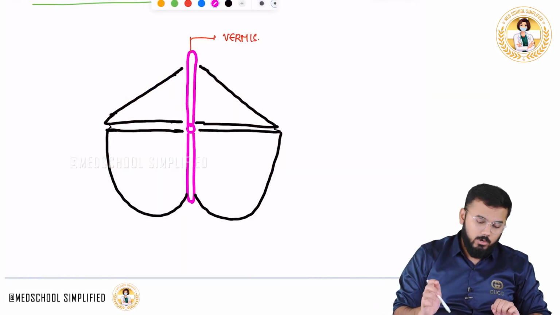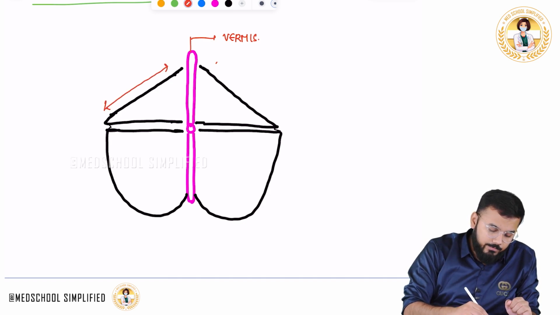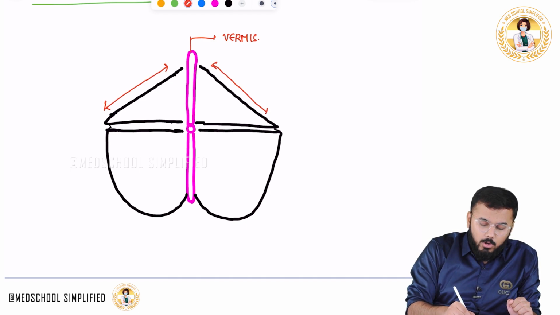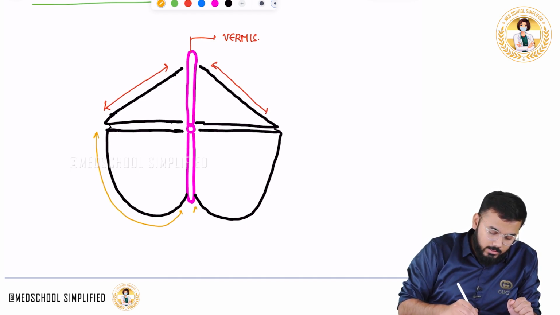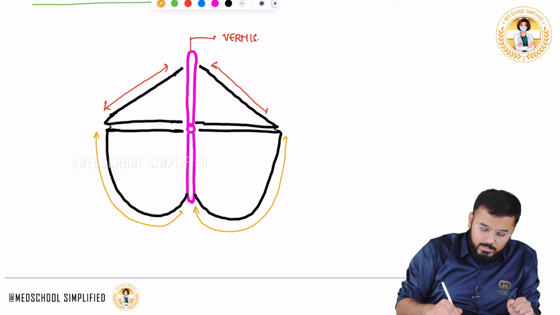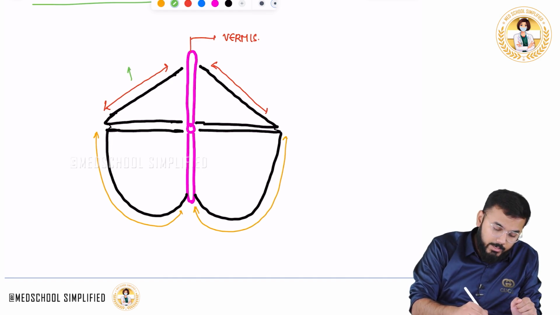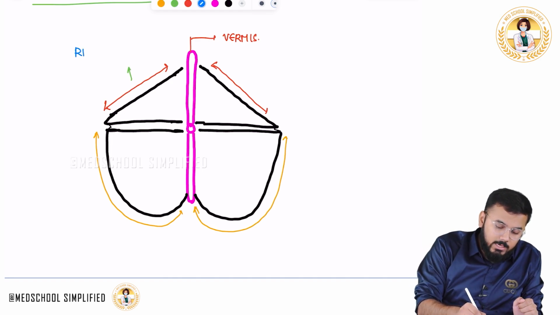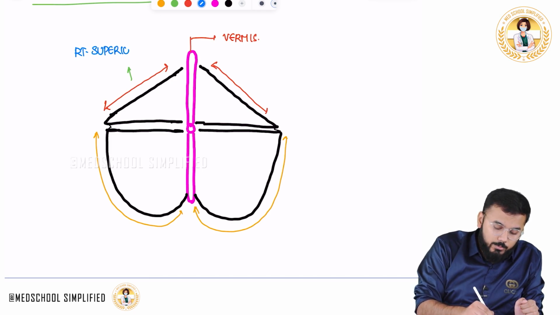This is a posterior border. That is the reason why you can see these two borders as the superior surface. Next, this entire border as the inferior surface. If this is the superior surface, I have to write it as right superior cerebellar hemisphere.